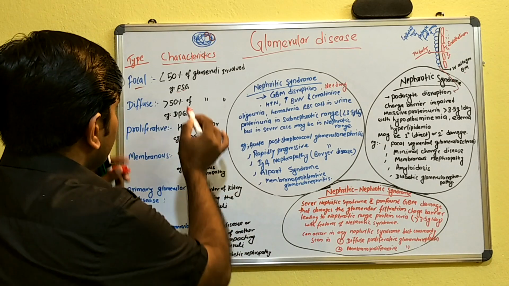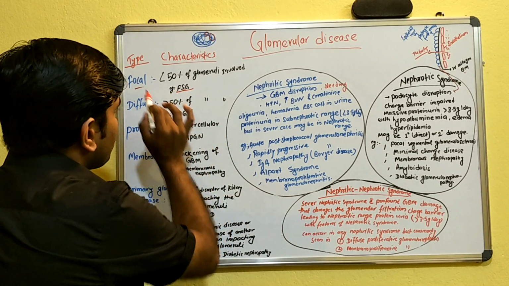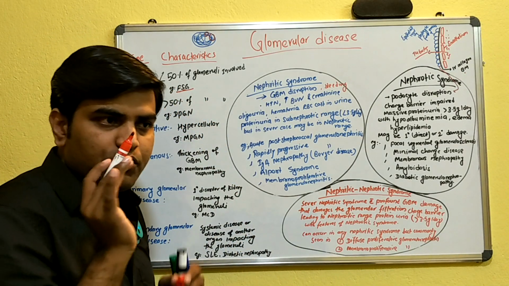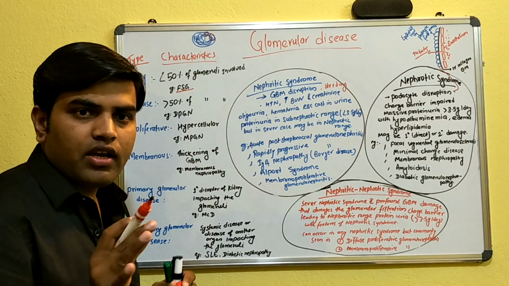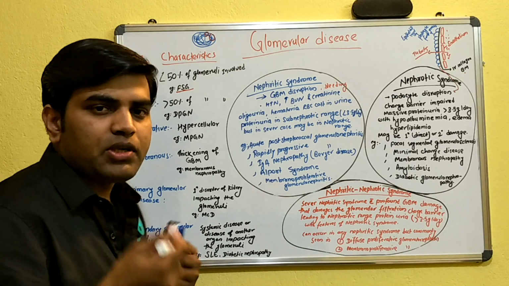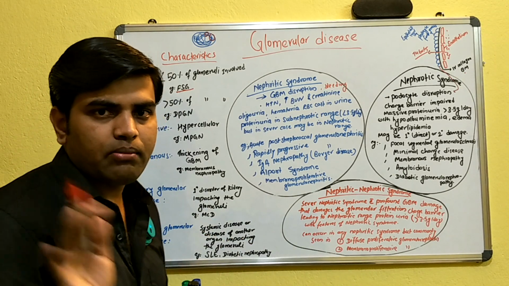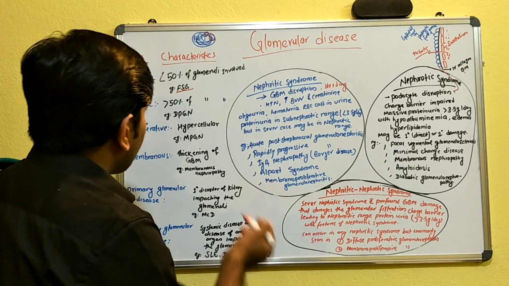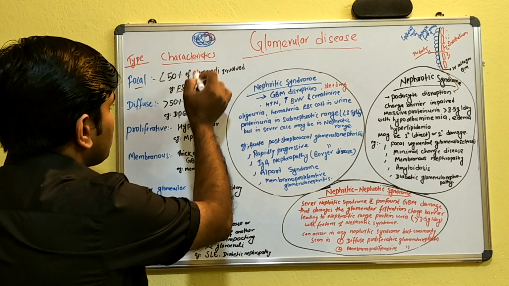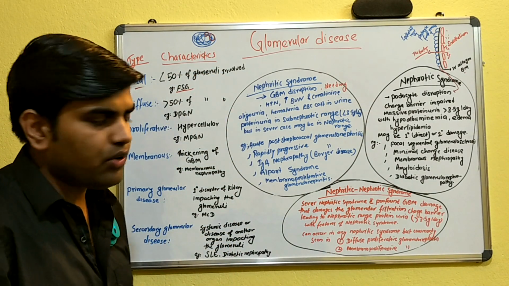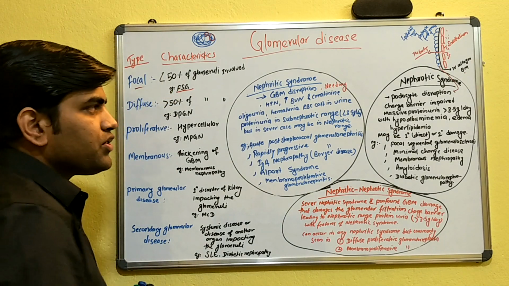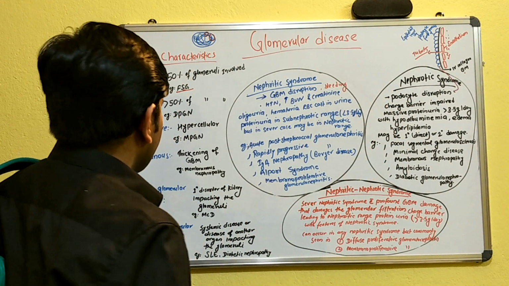So you understood that if the term focal has been used, then you have to imagine that focal means that less than 50% of the glomeruli are damaged, and you have to keep that in your mind. Okay, an example of focal is focal segmental glomerulosclerosis, which is responsible for nephrotic syndrome.